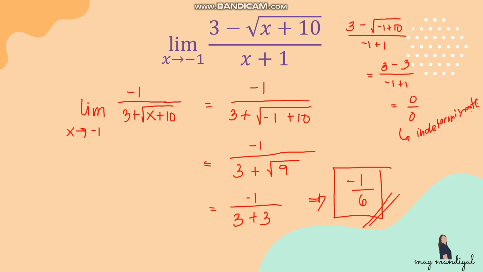So if the function becomes indeterminate after substituting c, that means we have to use conjugates. That is also one of the clues you can use to decide whether to use the conjugate or not. If you substitute the value of c to the original function and it's 0 over 0, or indeterminate, then you will be using conjugates.